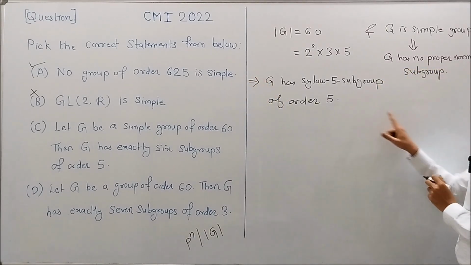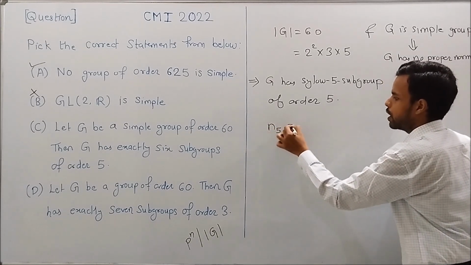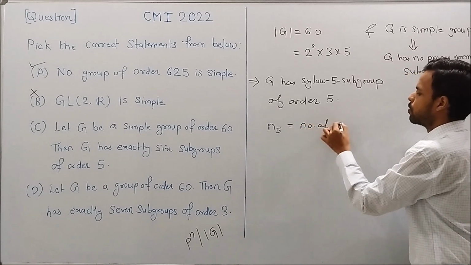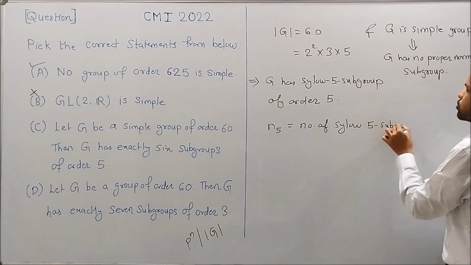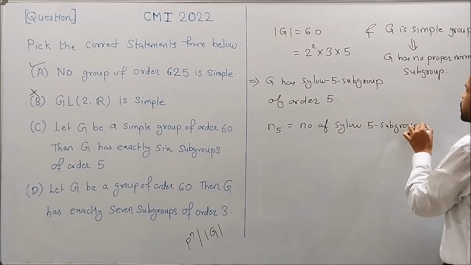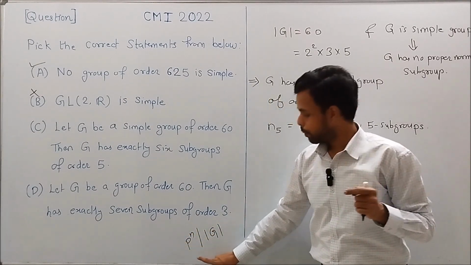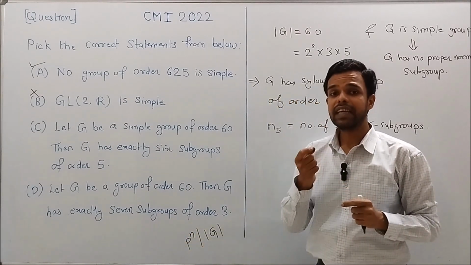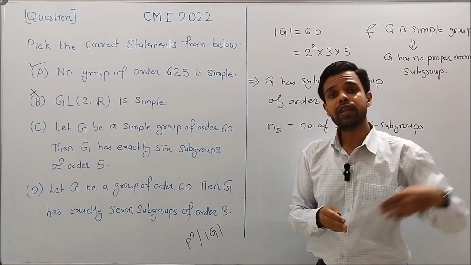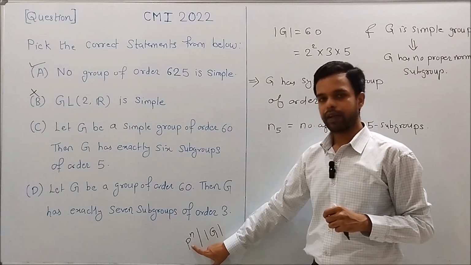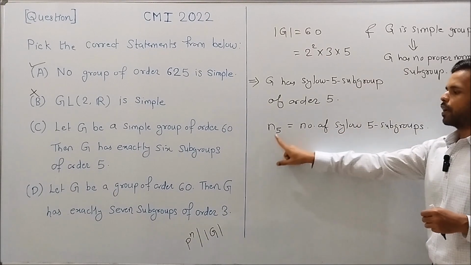Sylow first theorem only states that if P to the power n divides the order of G, then G has at least one subgroup of order P to the power n. G may have more than one subgroup of order P to the power n. So, let us denote the number of Sylow 5 subgroups by N5.